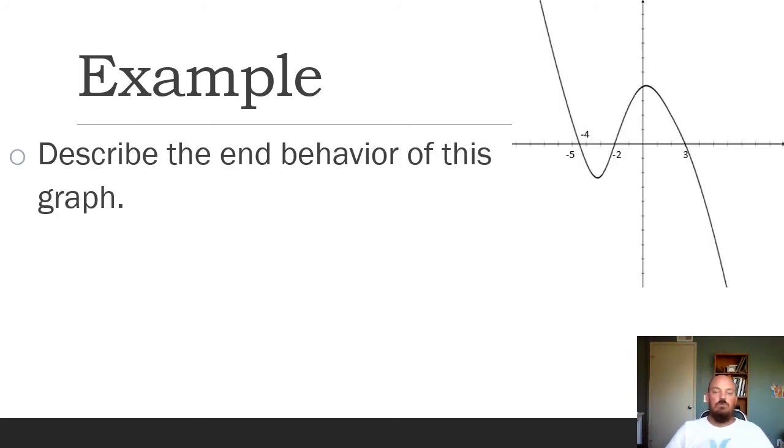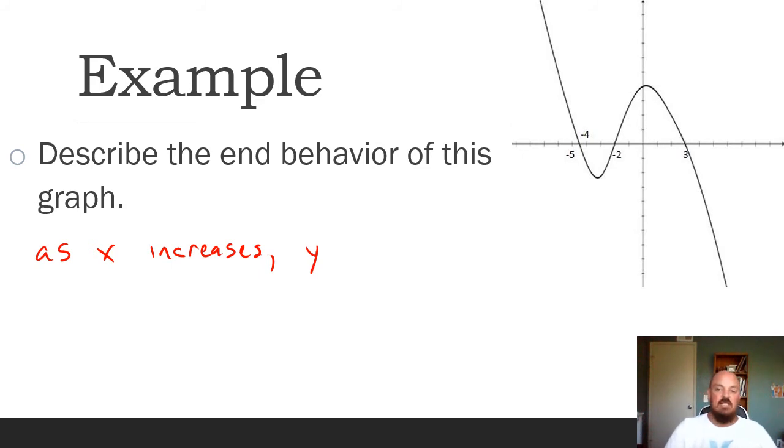So let's do this one right here. Let's describe the end behavior of this graph. First of all, let me highlight on the picture what we're talking about. When I say end behavior, the right end behavior is as x increases, y does something.